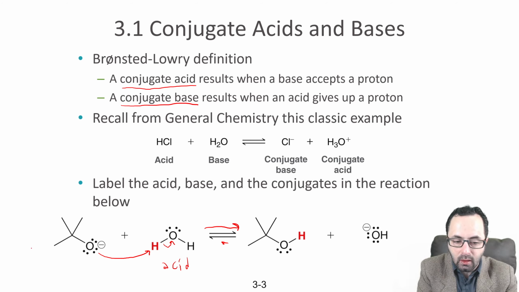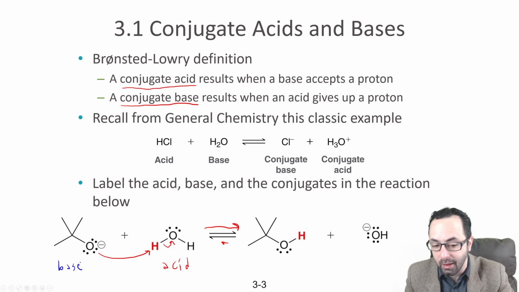And the oxide ion here, it's not an oxide, it's an oxo ion. It is the base, because it's accepting the proton. The H+ is attaching now to this oxygen.